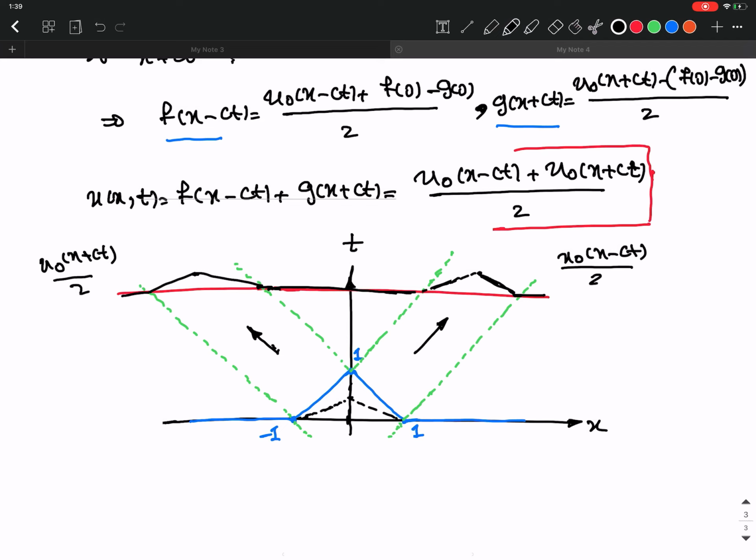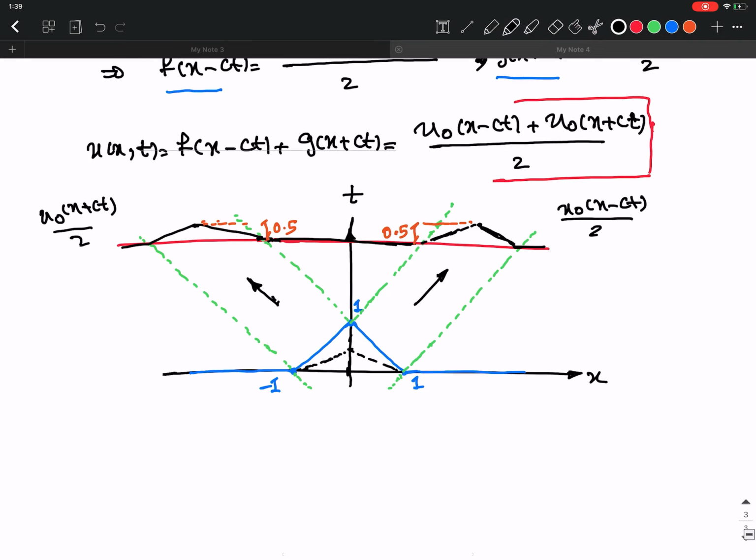Okay, so just to give you, this is gonna be 0.5, right? So this is 1 and this is 0.5, and the same thing here, this is gonna be 0.5. And so we have two waves, one going to the right and one going to the left, right? So at any t, you can find these just by these two characteristic curves, x minus ct and x plus ct.